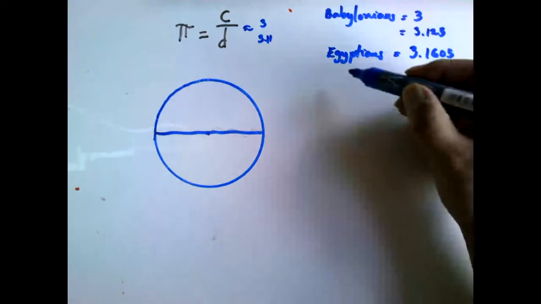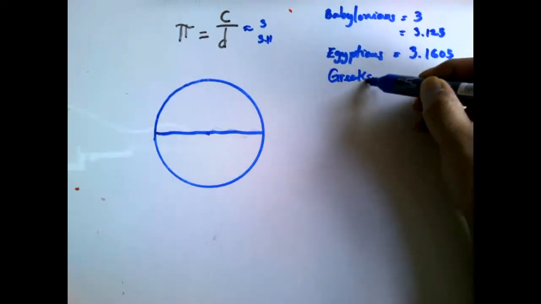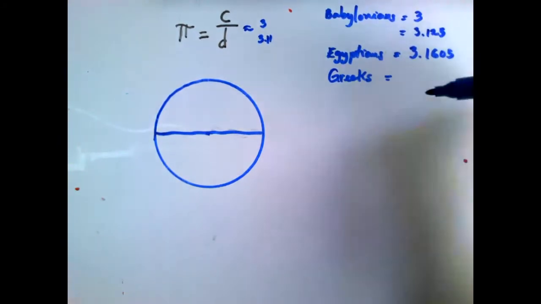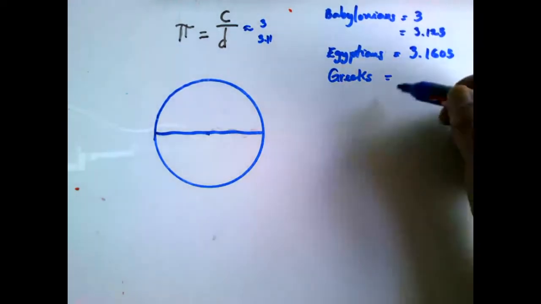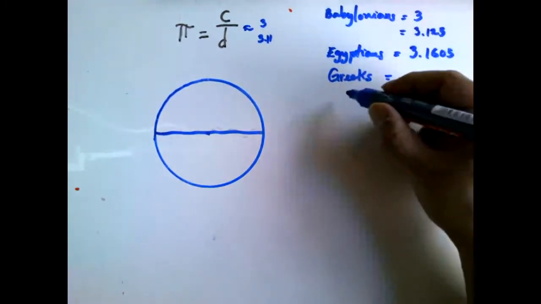And then came the Greeks. And the Greeks have the most modern or theoretical method of getting the value of pi. Now, I'm going to talk about it today because the man responsible for this was Archimedes.